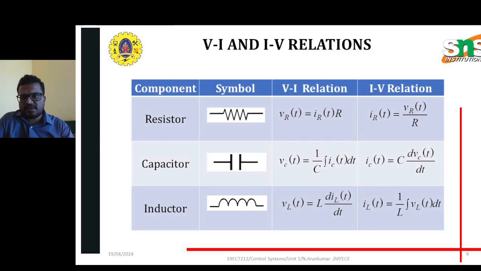So the voltage and current relationship between the resistor, capacitor and inductor can be followed by V equal to IR. The same equation can be reversed, so we can calculate I equal to V by R. Like that, all the equations are rearranged and calculated based on the inductance, resistor or capacitor value.